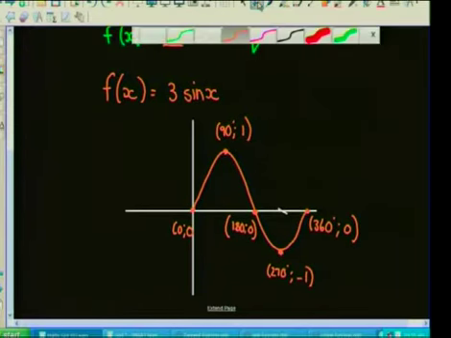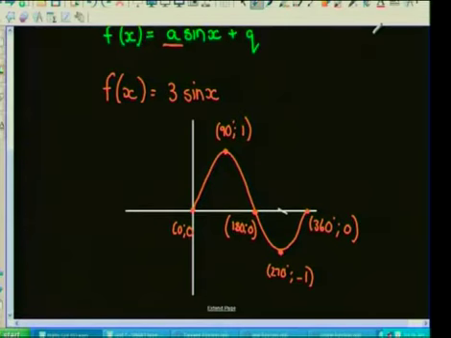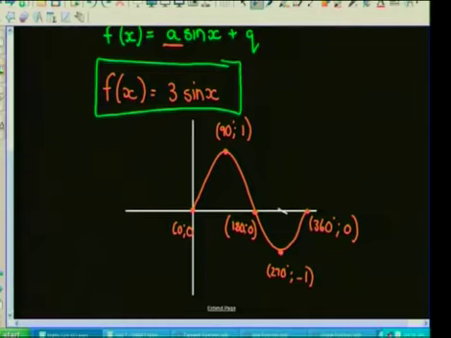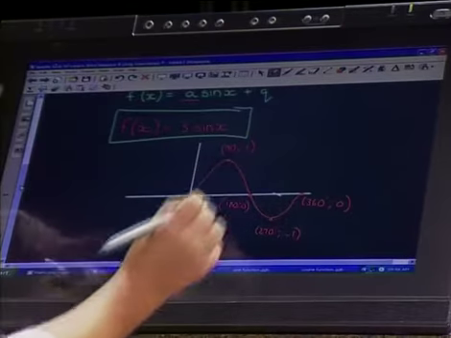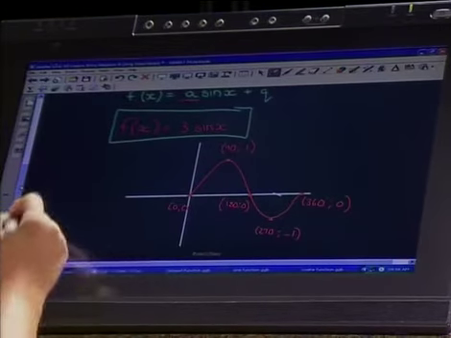Now, what happens when I give you a function that looks like this? f of x is equal to 3 sine x, where the a value is not 1. Remember, a is your amplitude, and the amplitude of this graph was 1. What happens now when this amplitude is 3?